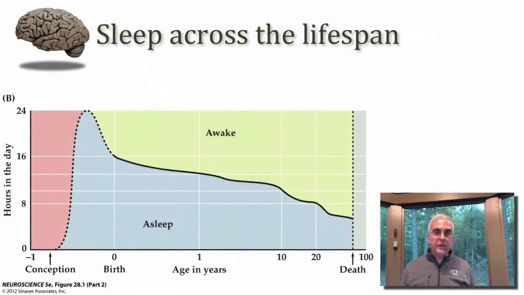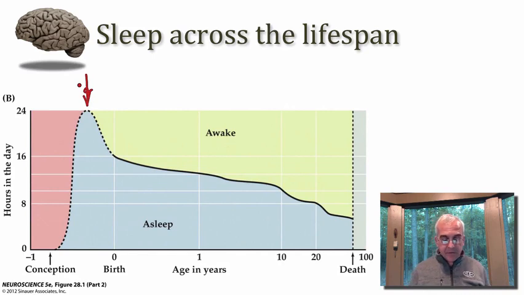Well, it turns out part of the answer to that question may depend upon where you are across the age and stage of life. And here are data that plot the normal amount of sleep from a fetus on through embryonic life into the postnatal period and all the way through older adulthood. And what we see is that just in utero, our embryonic forms require the greatest amount of sleep.